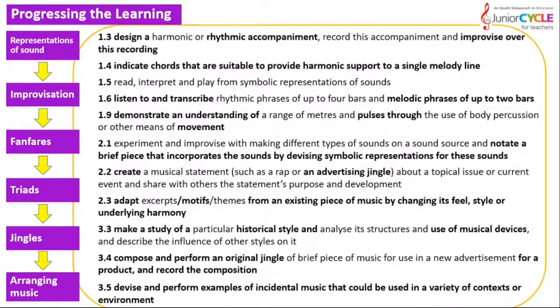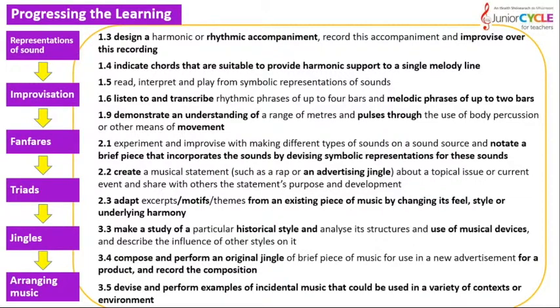In progressing this learning, as you can see here, we used 11 of our 36 learning outcomes, and they were chosen from across the 3 interconnected strands and through the 3 elements. This learning journey began with creating symbolic representations of sounds from our icebreaker game.